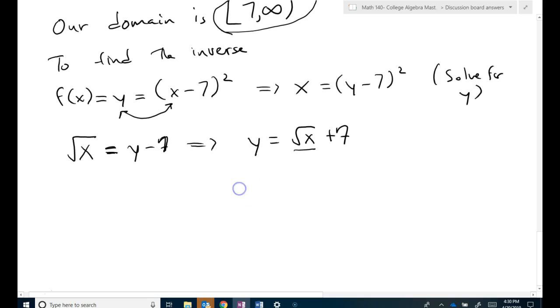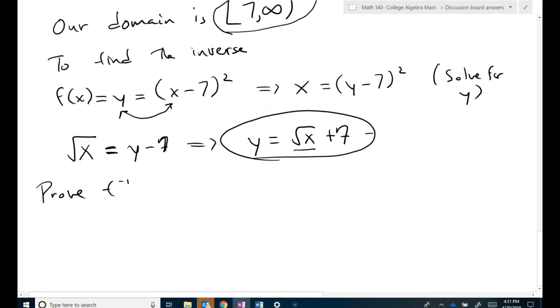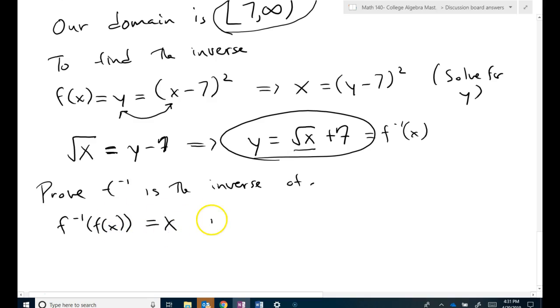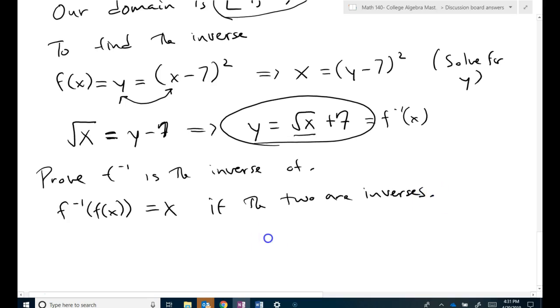Now let's prove that f inverse that we got here, this one right here, f inverse of x, is the inverse of f. By definition, f inverse of f of x should equal x if the two are inverses. So let's do that. We'll use some composition.